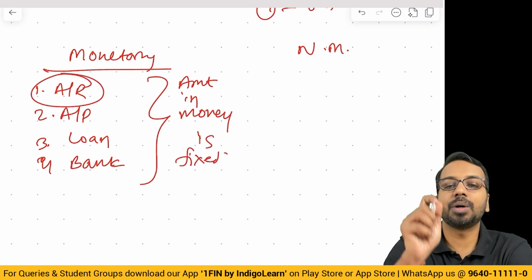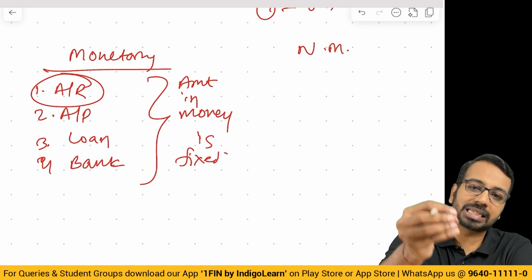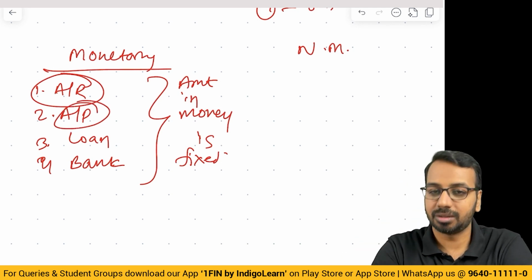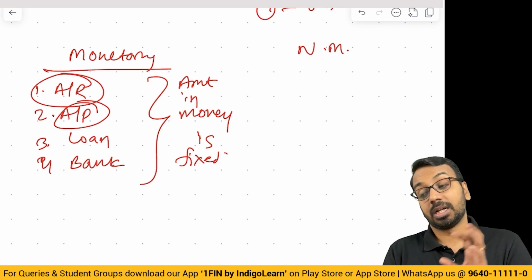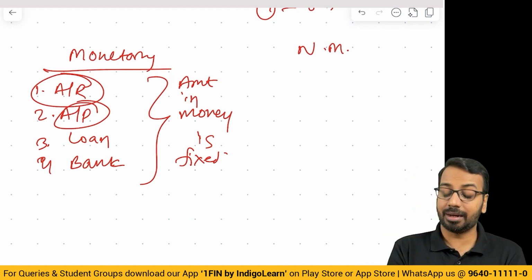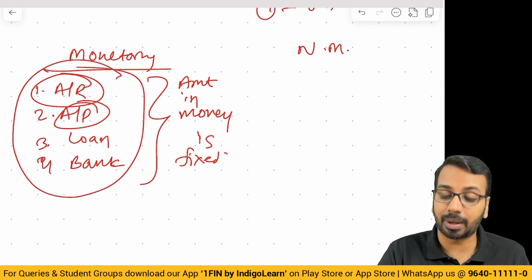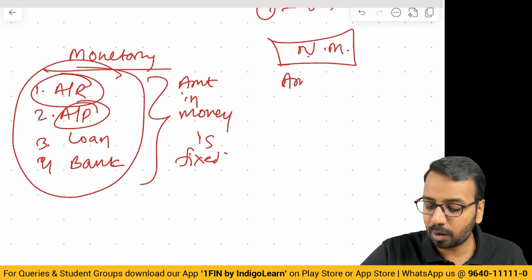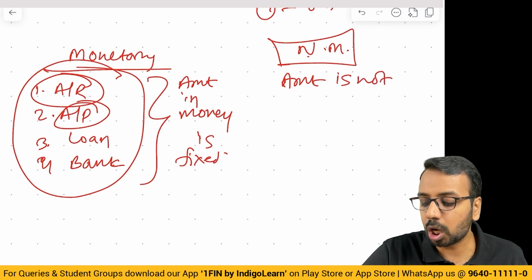Account receivable, I know exactly how much money the account receivable has to give me. Account payable, I know exactly how much I have to pay to the creditor. Of course, there may be bad debts, there may be discount allowed, there may be discount received. All of that is there, but the amount is determined. These are called monetary items. Non-monetary items, amount is not determined.